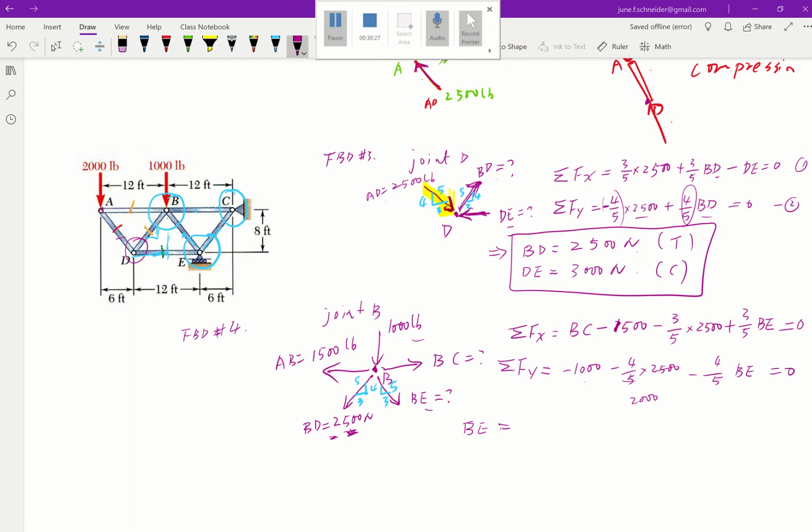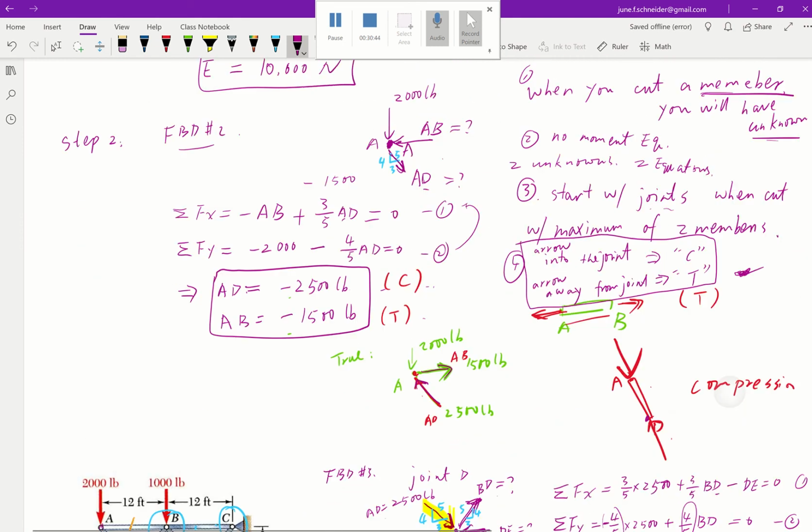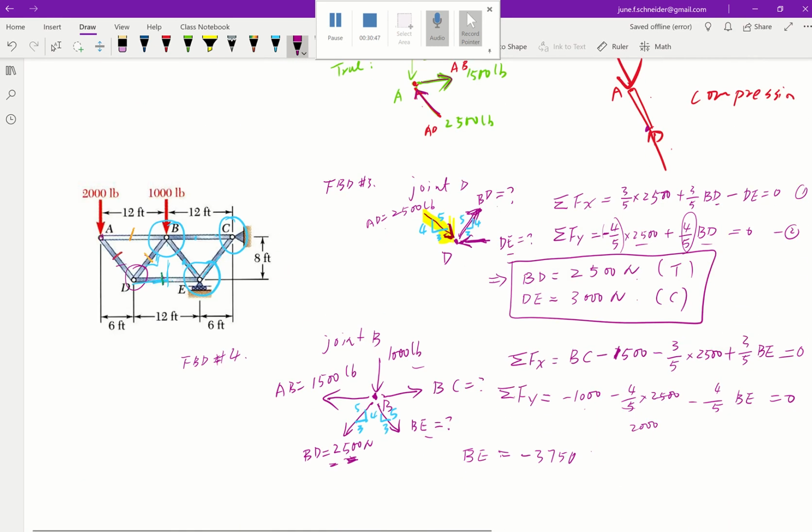My BE is negative 3750. I've been using Newton, by the way, but the problem is given in pound, right? So make sure here I need to get my unit right. So that's pound, pound, pound. Okay, so this is going to be pound.